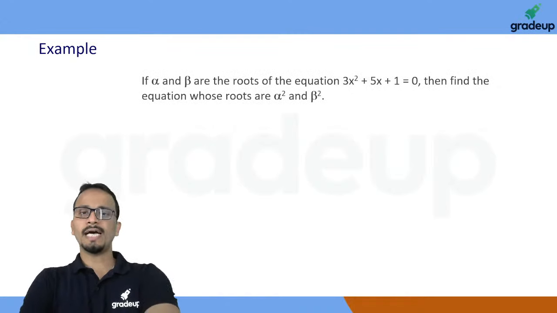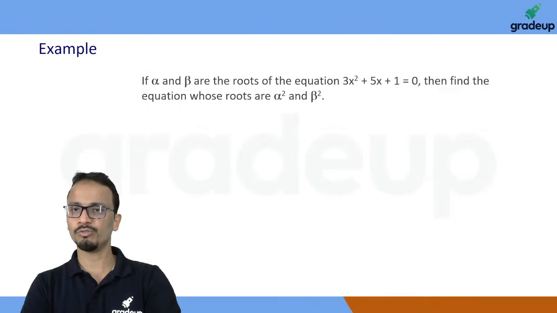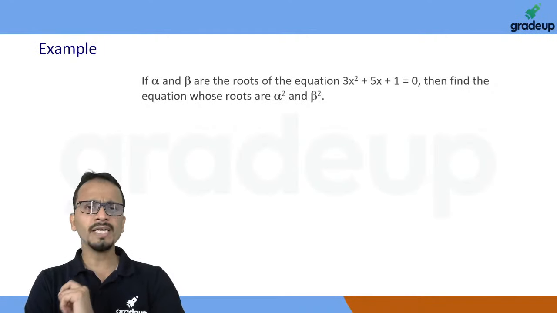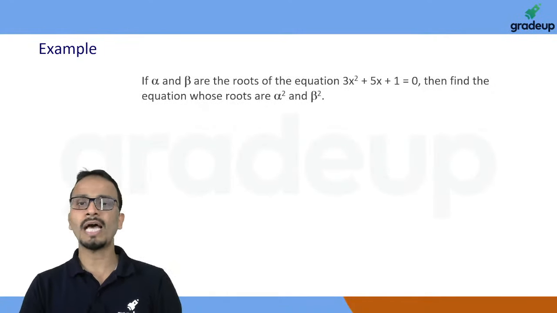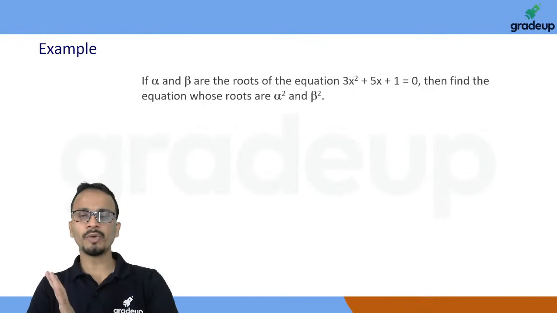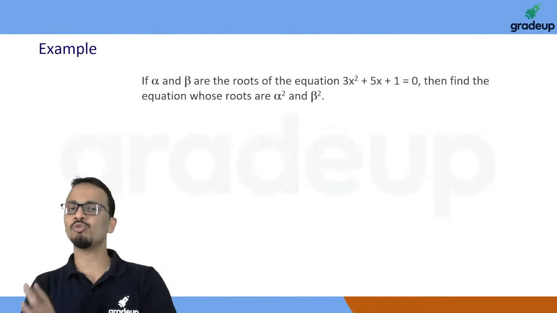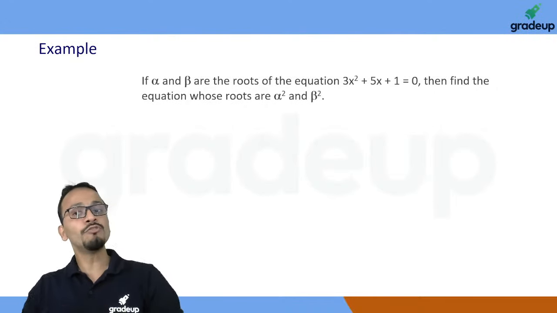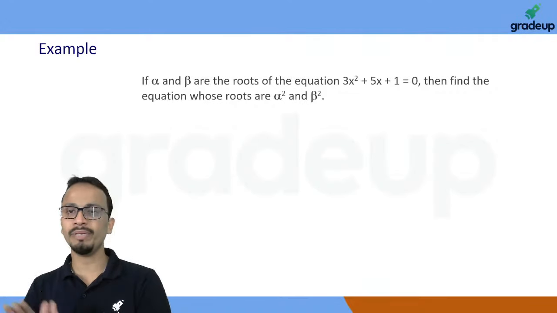The question says that if alpha and beta are the roots of the given equation 3x square plus 5x plus 1 equal to 0, then find the equation whose roots are alpha square and beta square. So a quadratic equation is given, and alpha and beta are the roots of this equation. Now you have to find another quadratic equation whose roots are alpha square and beta square.